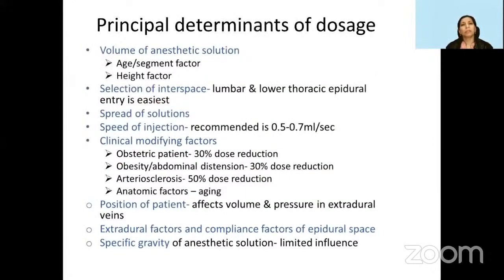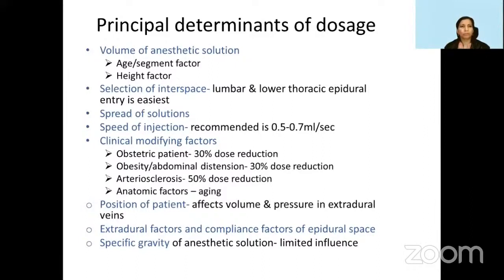So what are the principal determinants of dosage? The volume of anesthetic solution required for epidural block depends upon the age of the patient, the segment factor, the height of the patient, and selection of the interspace, whether it is a lumbar or lower thoracic epidural. In the lumbar region, approximately 2 to 2.5 ml of drug is required for each segment blocked, while at the thoracic level, around 1.5 ml of drug is required.